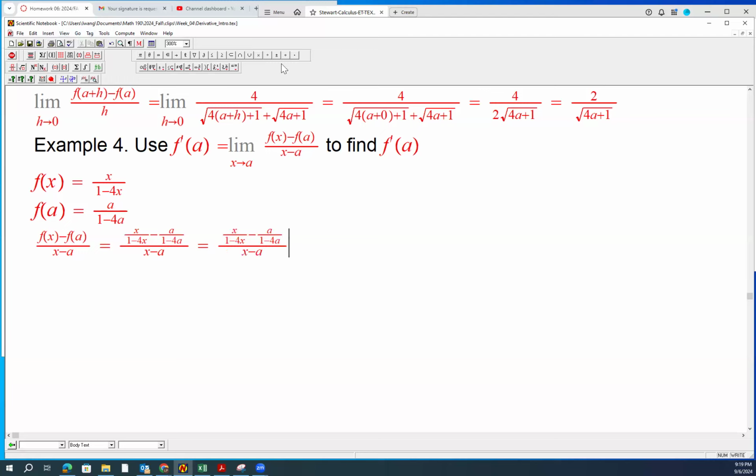Common denominator. Be careful that we write it. Make sure you have the right proper alignment. Otherwise, you may get confused. Okay, the common denominator is 1 minus 4x multiply 1 minus 4a.